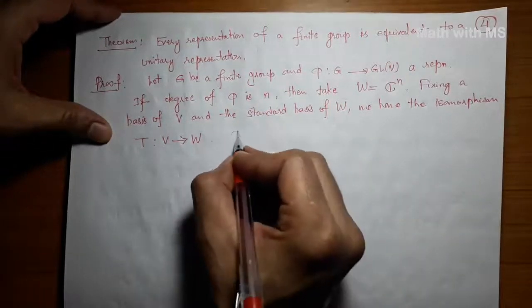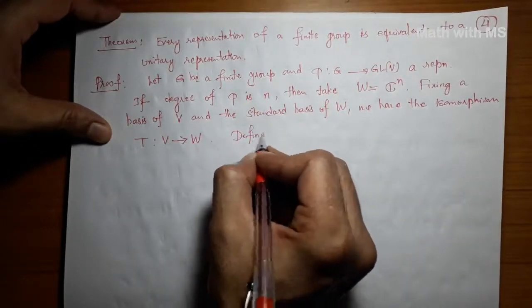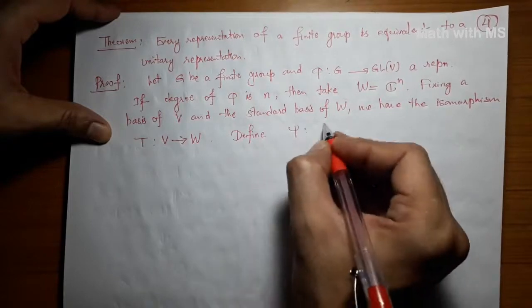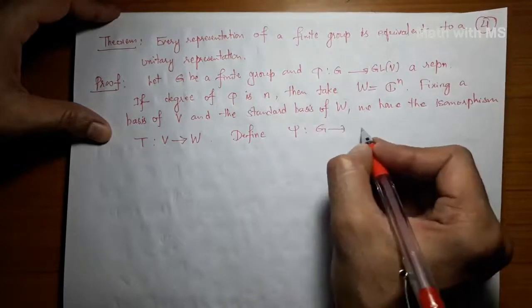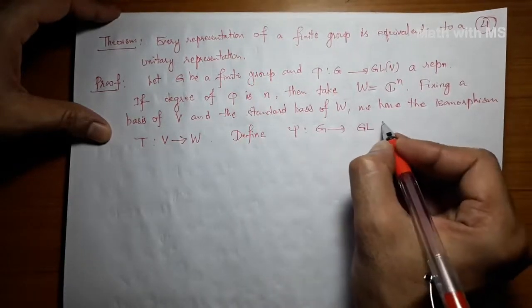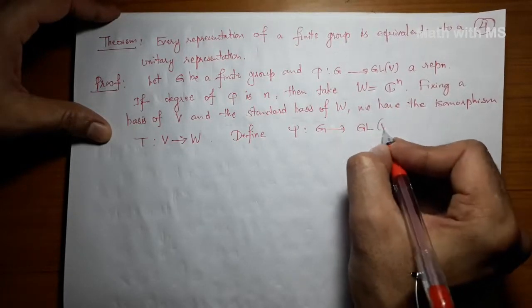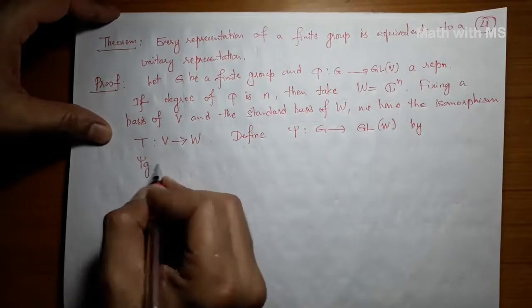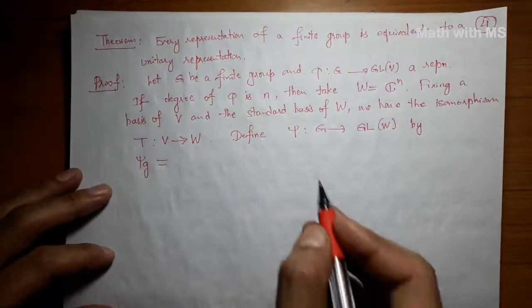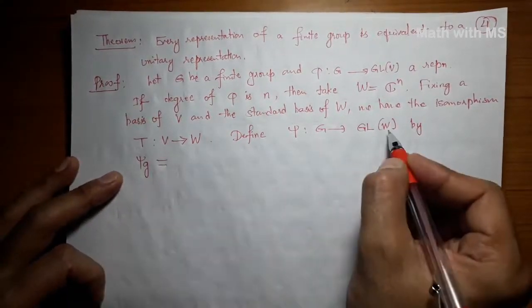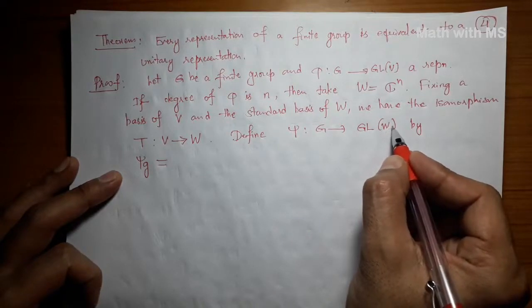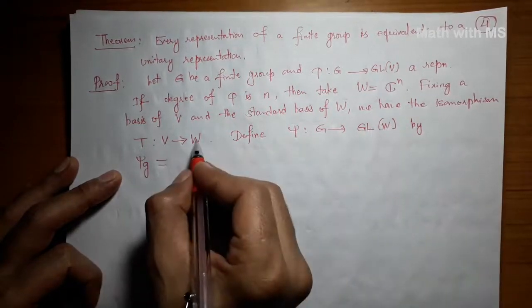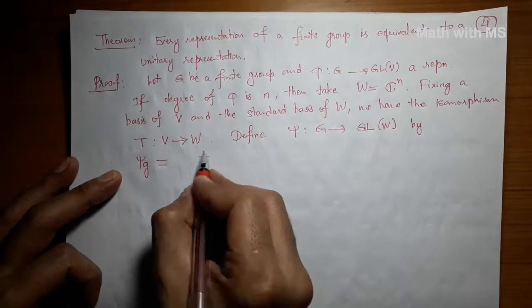All right, now you define psi from G to GL of W by psi g equals the following. So what do you want to do? You take the inverse of the isomorphism, T inverse.